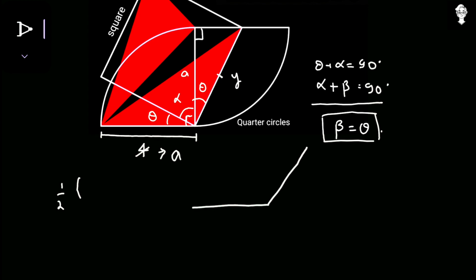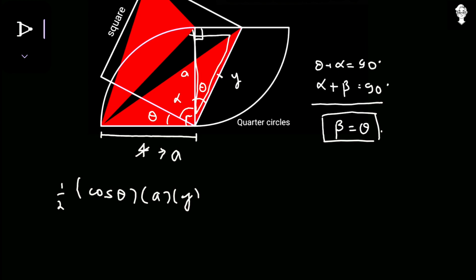Here's the 90 degrees and here's the angle theta, so the complete angle formed is 90 plus theta. Sine of 90 plus theta is equal to cos theta. So we directly write cos theta multiplied with the adjacent sides, a and y, so a into y. Let the area be area 1.